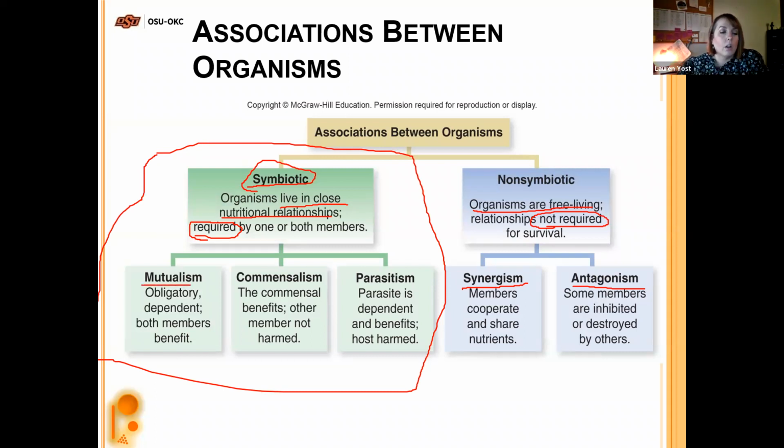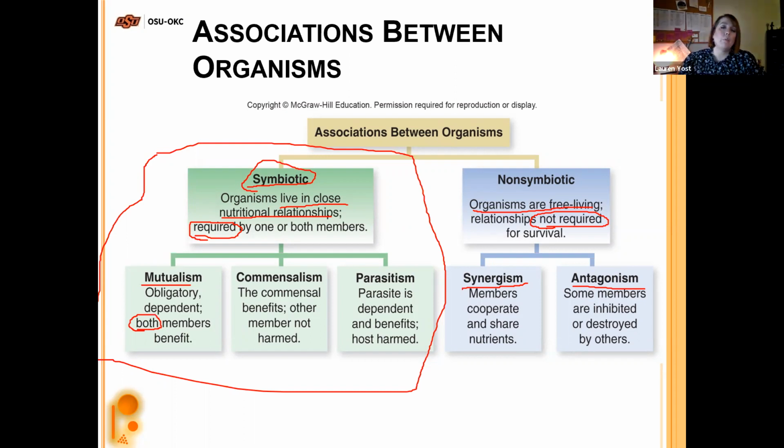Mutualism. Both members are going to benefit. They both depend on it. They both benefit. Think of your gut microbes. Your gut microbes are getting protection and getting food from the food that you eat.